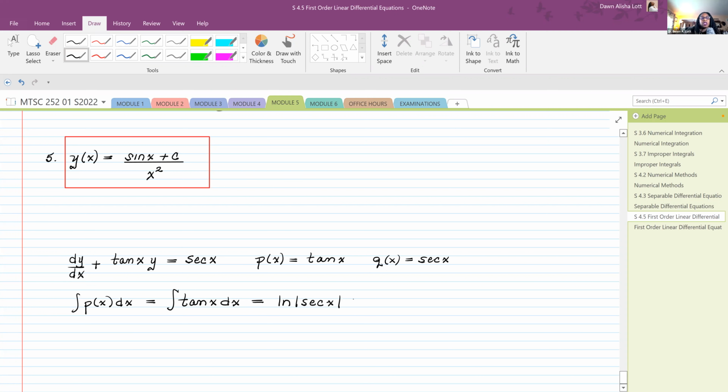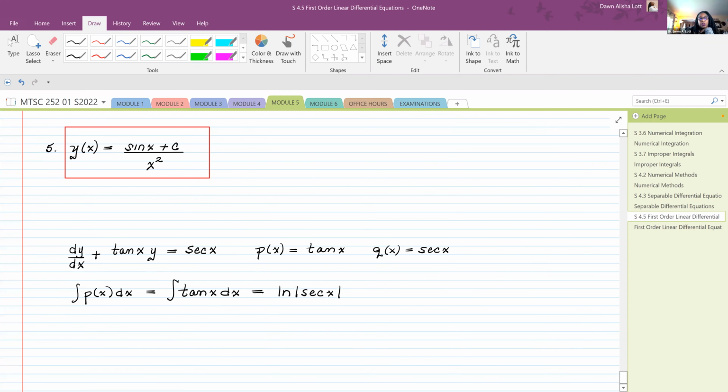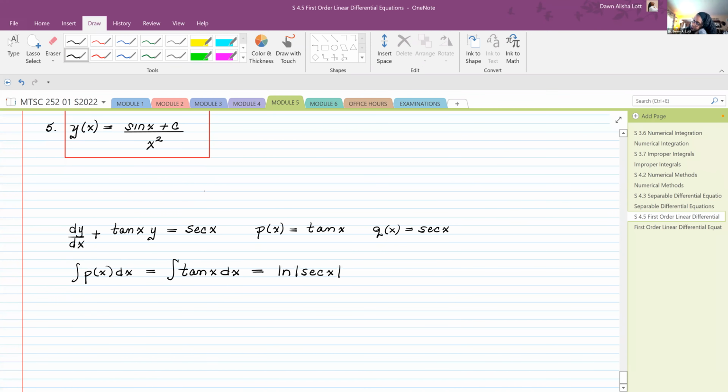So I would have to tell you that x is between, I want the secant to be positive, so maybe if I said x is between 0 and pi over 2. Okay.